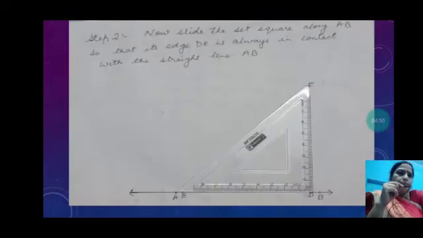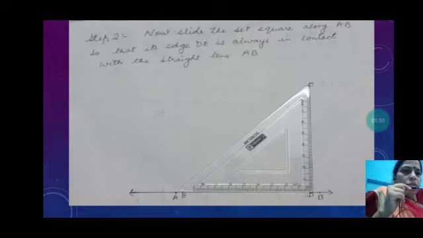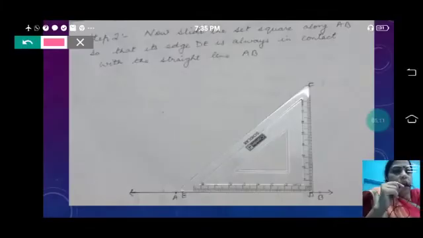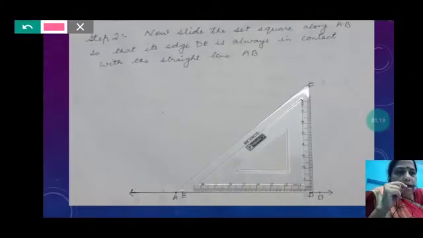In the next figure, see here, this is the set square. You have to put the set square on AB, so that this DE touches AB.